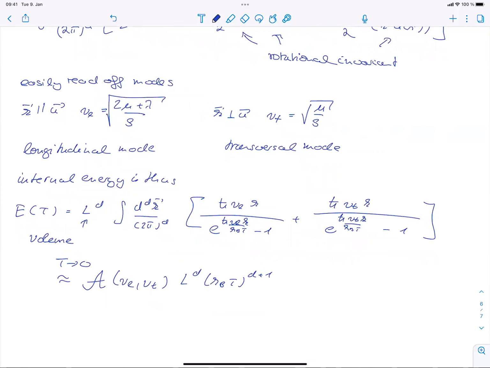And so we can readily read off the specific heat as T to the power d for T going to 0. And again, there's only T to the d. There's no V_L, V_T parameter popping up in the scaling behavior. And so we again found a universal property. So we have here a universal scaling.